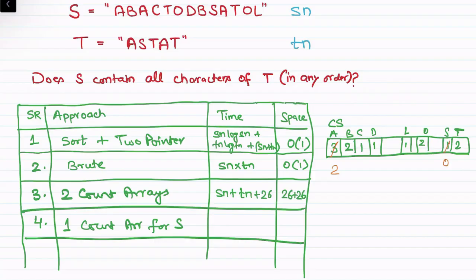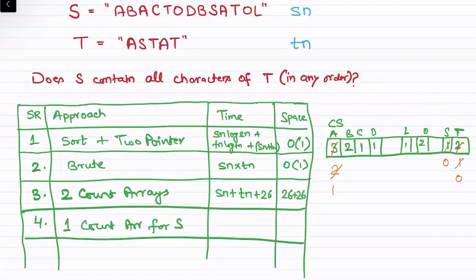The third character in T is T, so decrement this to 1. The fourth character is A, decrement this to 1. And the fifth character is again T, make it 0. As long as no count becomes negative, we can rest assured that this character has a matching character in S. So this way, every character that is there in T, we have matched in S and found it.